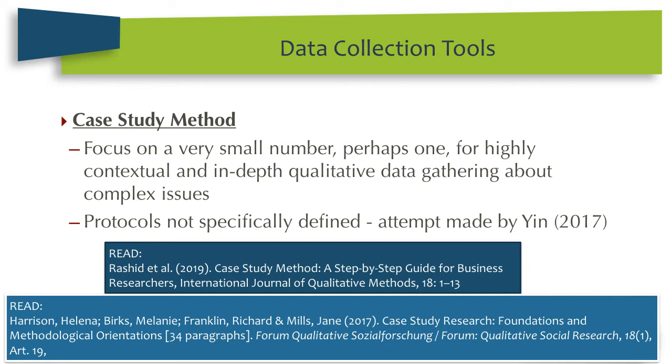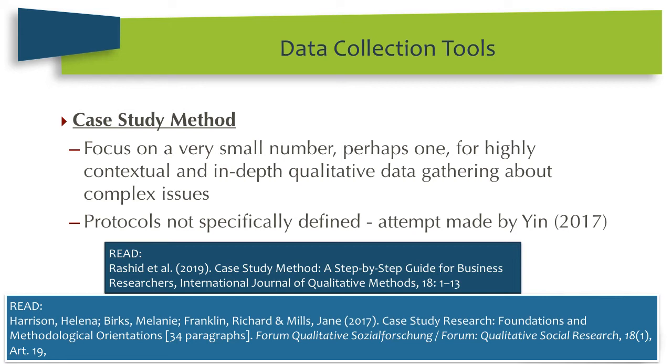What does a complex issue mean? When you say complex, you mean too many variables, a large number of variables. That is what complex is. And the opposite of complex is simple, in which you have very few variables.